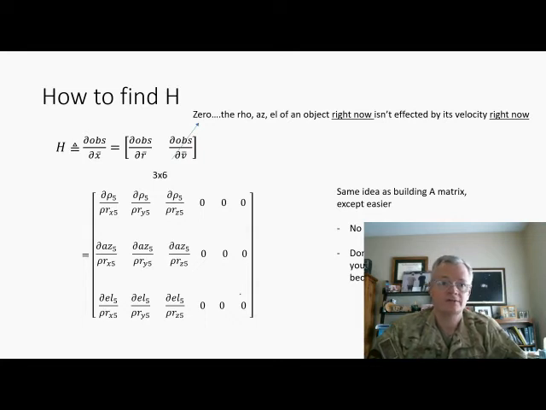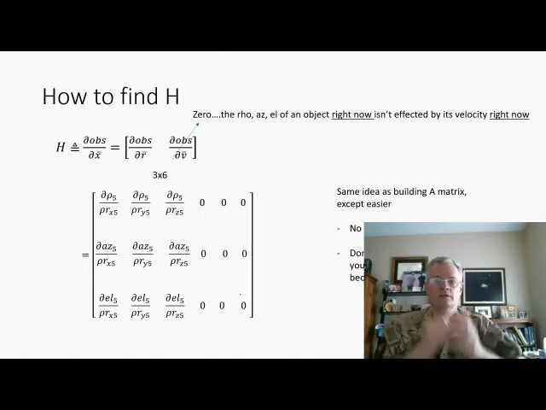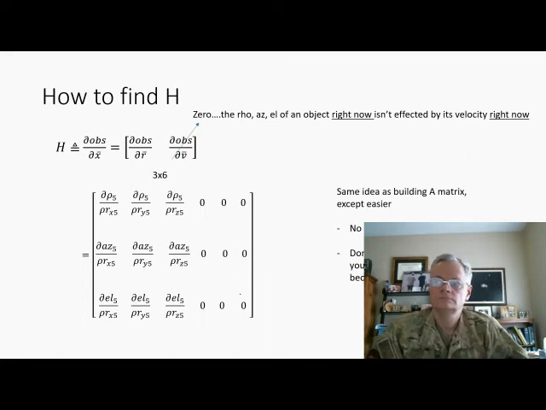So you've got a partial of all the observations, rho as L, with respect to the 3 R's and the 3 V's. But the partials with respect to velocity will be 0. How does rho change with respect to a change in velocity x? Well, if they're both right now, it doesn't change at all.